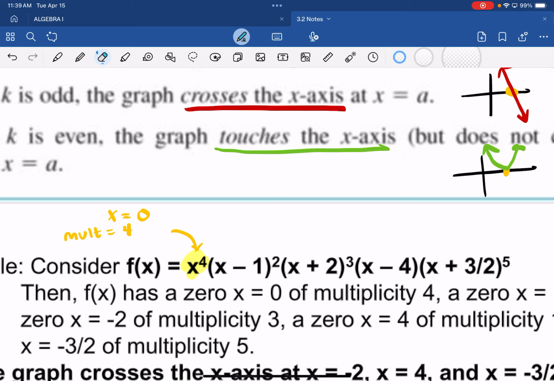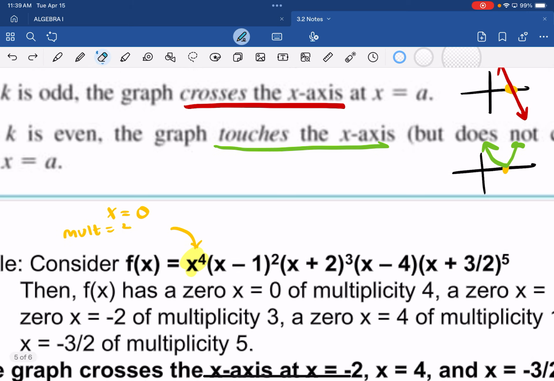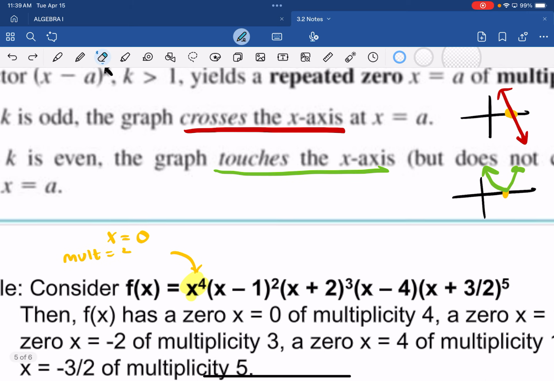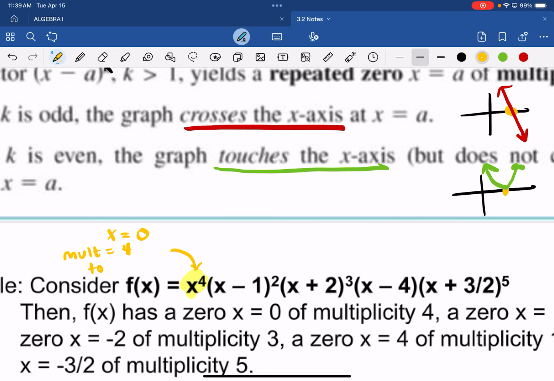Now the multiplicity is an even number, so that tells me it's touching the graph here. It's not crossing it. So you can write underneath "touching," or you could just write a T. Doesn't matter. I know I have the ability to write a little smaller because I can zoom in. So do what you need. But that's what we know just from that spot of my equation.